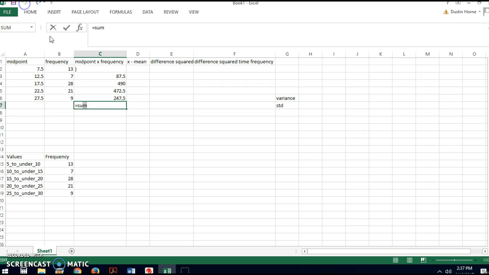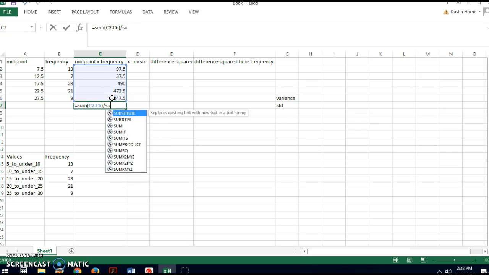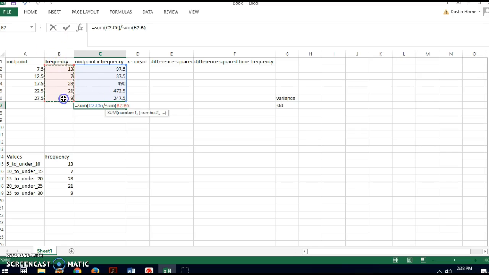Just be careful when you're typing your formulas in. Okay, so we're going to do equals sum, parenthesis. Basically, I'm telling Excel to add these up, and then I want to divide by the total number of data values I have, and that's going to be all of these.